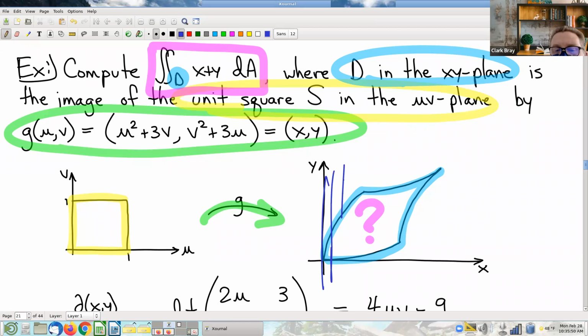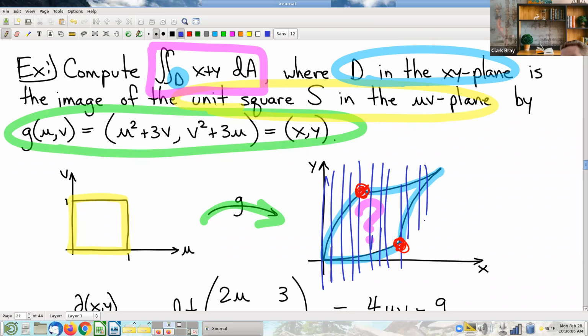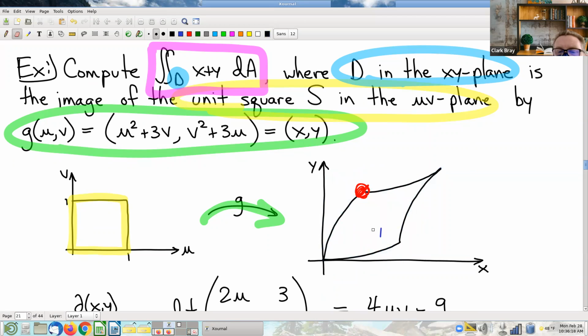Slicing this way, for example, I slice through a corner, and then as I continue slicing, I again slice through a corner, before I can finally finish. So this is going to be at least 3 separate integrals if I just go at it directly. Okay, highly undesirable.